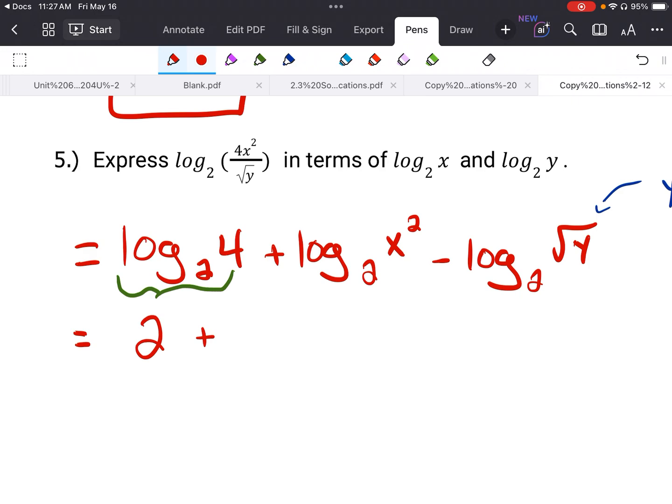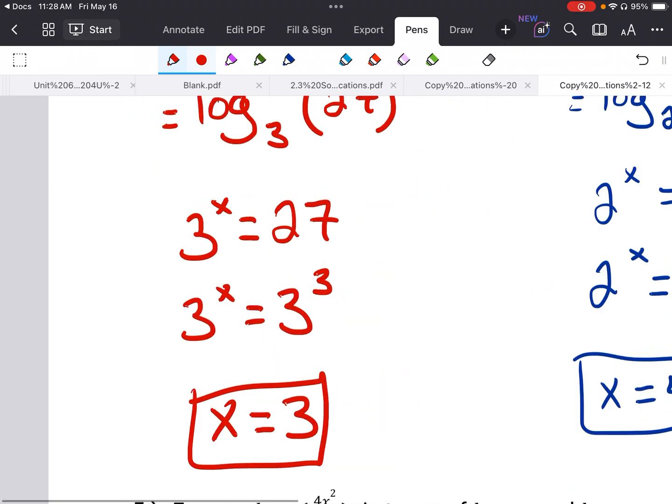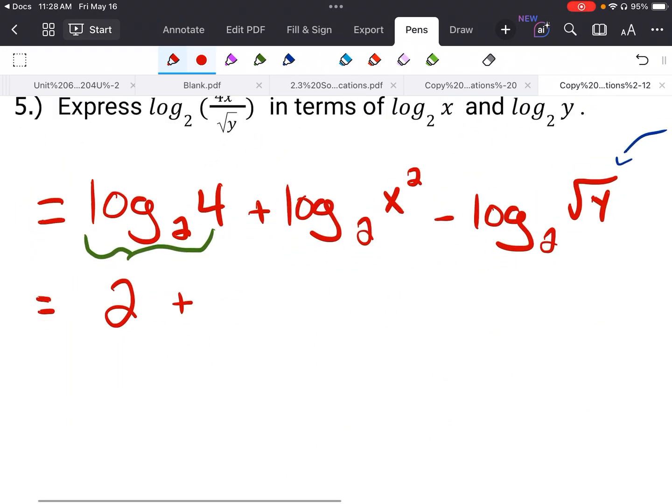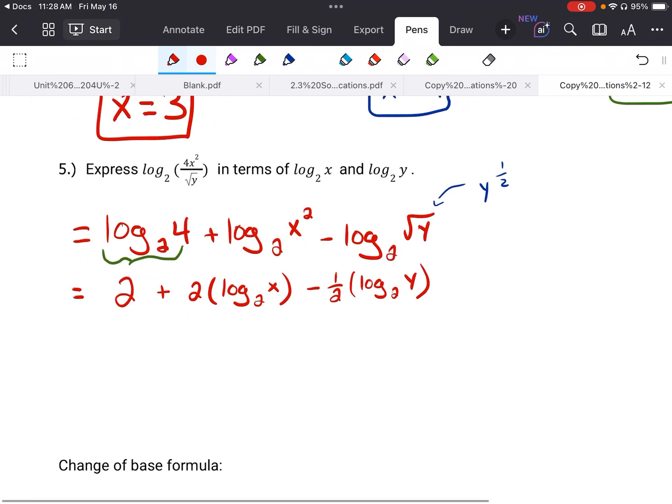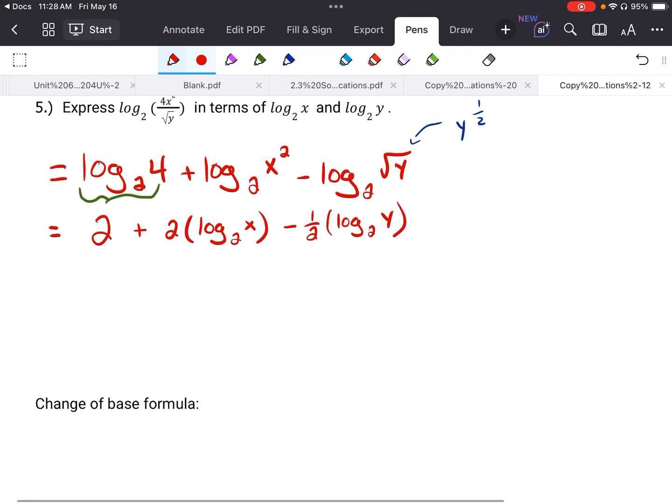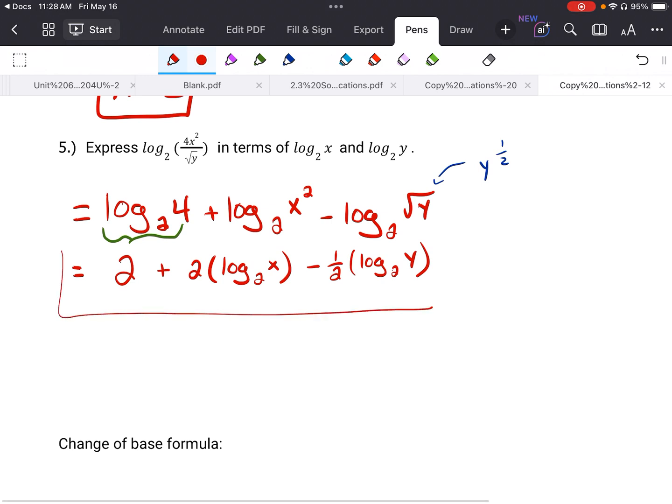So we have an exponent there, so we're going to bring that 2 out here, and it's 2 times log base 2 of x. And again, we have an exponent because the root of y is y to the power 1/2. So we put the 1/2 in front, and we have log base 2 of y. And we can't change those because the x and y, we don't know what they represent. So this is the expressed term.